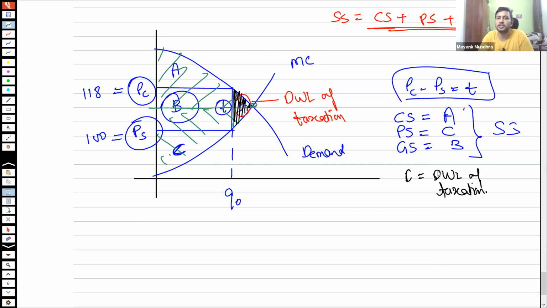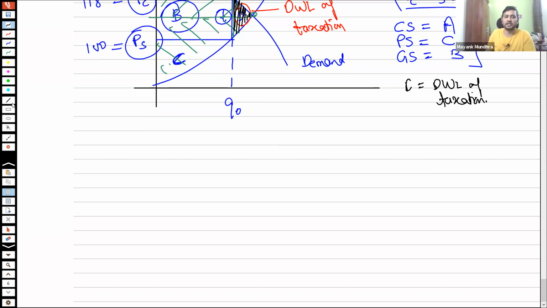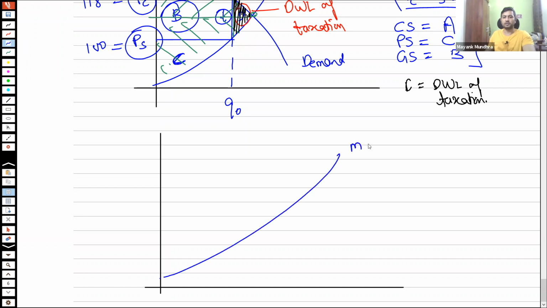Now let's do the opposite case of subsidy. Let's do a case of subsidy. Suppose this is the demand curve. This is the marginal cost curve. Okay, so the government is now subsidizing the commodity.